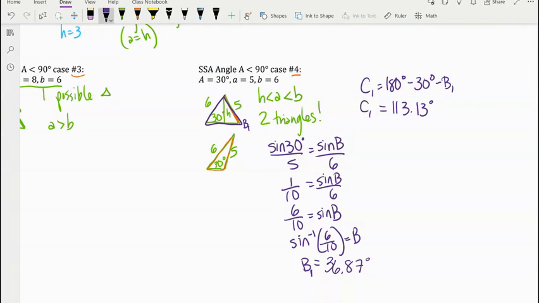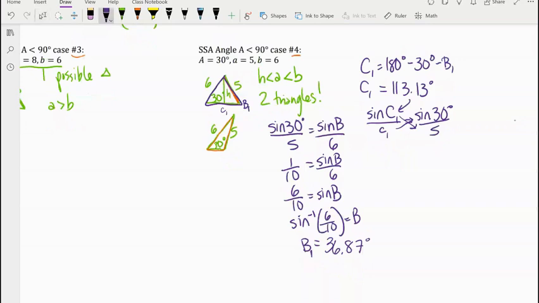Okay. And then to solve for that last side length, I'll call it lowercase c sub 1, I'm not going to do this one for you, but you would do sine of c sub 1 over lowercase c sub 1, is equal to sine of 30 over 5. I would cross multiply and solve, and you can do that part yourself because you can do algebra.